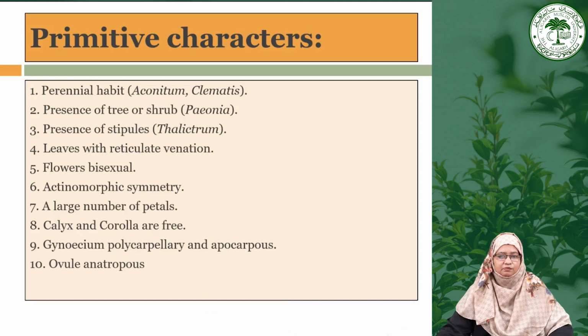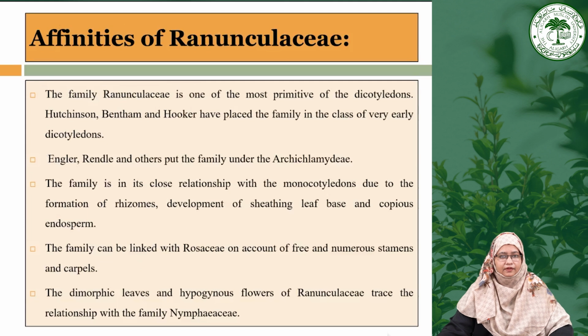Now, let's explore the affinities of the family Ranunculaceae. The Ranunculaceae family is recognized as one of the most primitive among dicotyledons, revealing fascinating evolutionary traits. Notably, Hutchinson, Bentham and Hooker classify it within the very early dicotyledons, as we have seen that this family has many primitive characteristics, while Engler and Prantl associate it with Archichlamydeae due to its ancestral features.